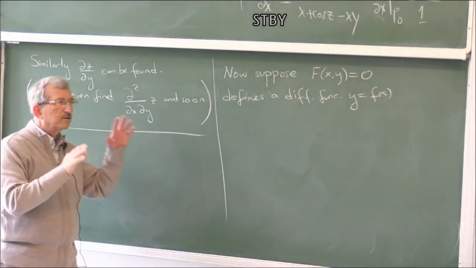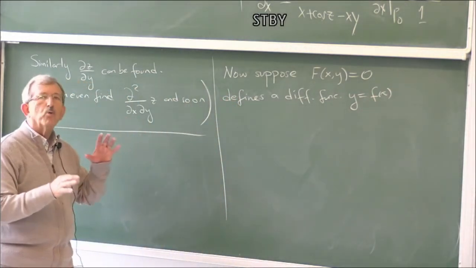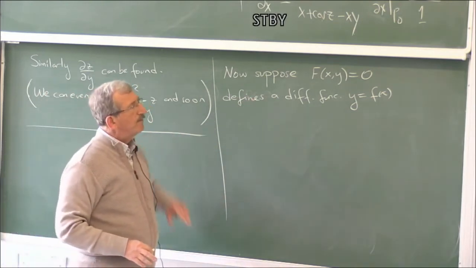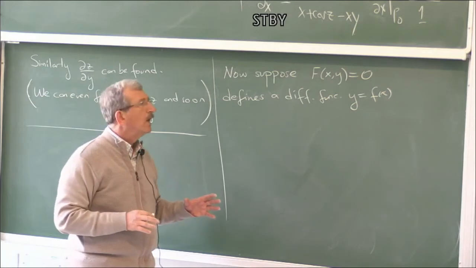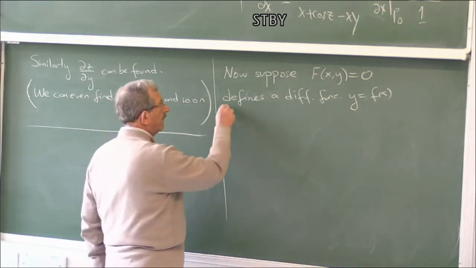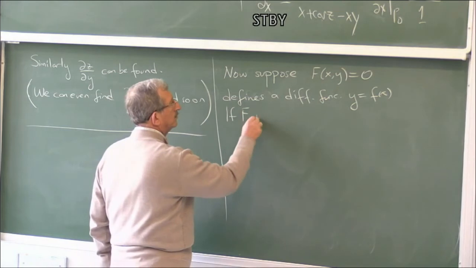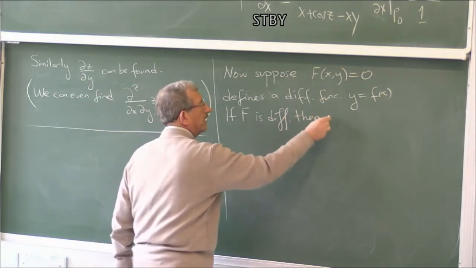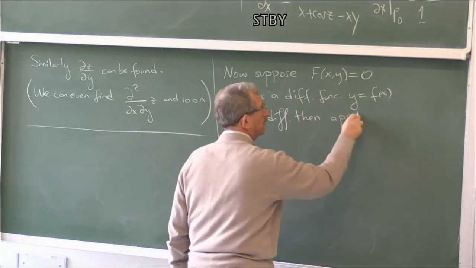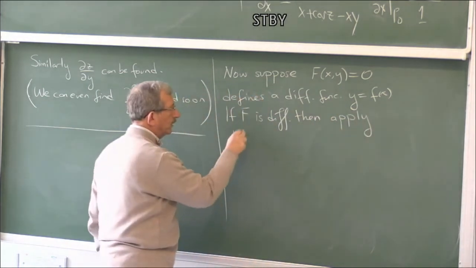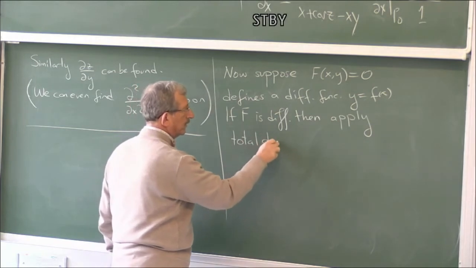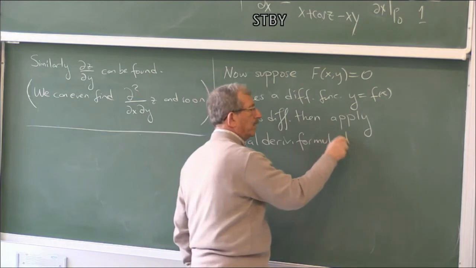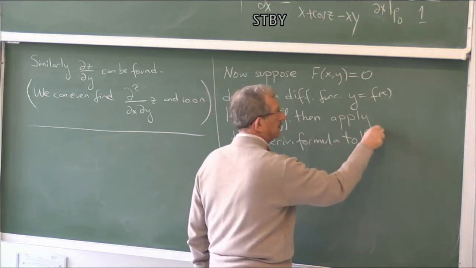We came across such problems in 1.19. But here we have a different setup. So, if f is differentiable, then apply the total derivative formula to both sides.